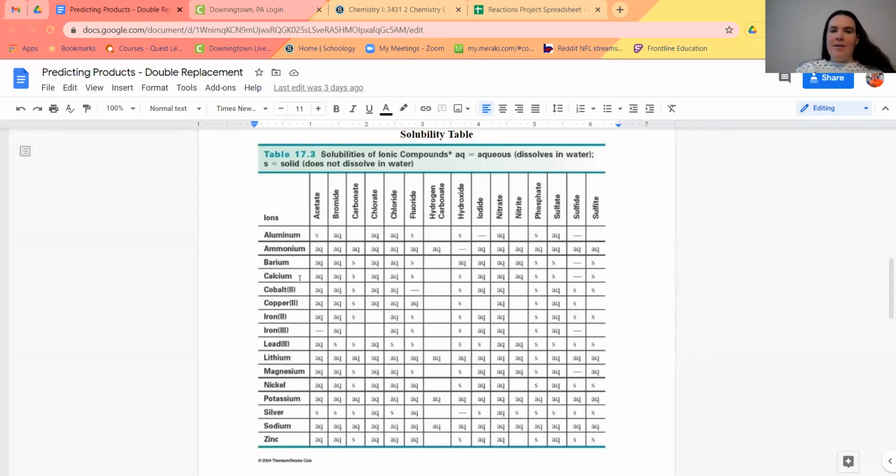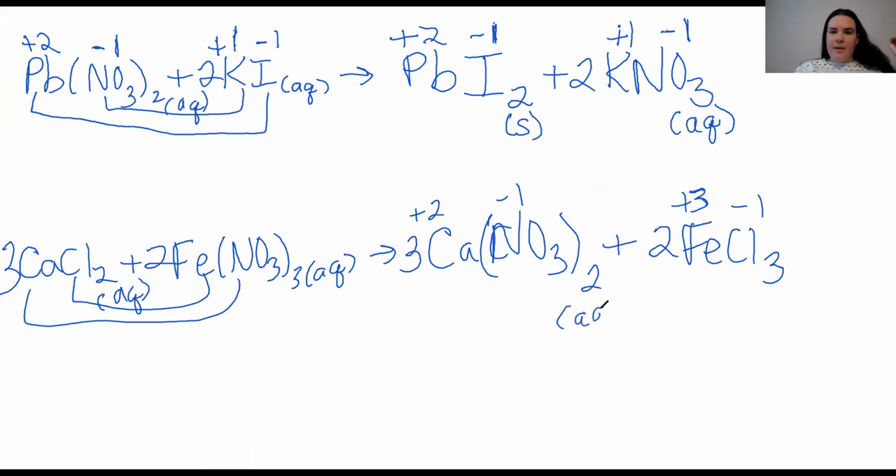And then we have iron 3 chloride, which is also aqueous. So both of our products for our second reaction are actually aqueous. So technically nothing reacted here. This would be just pouring 2 liquids together and nothing happens. So technically we shouldn't even write an equation for this, but we already did. So we're gonna leave it up.